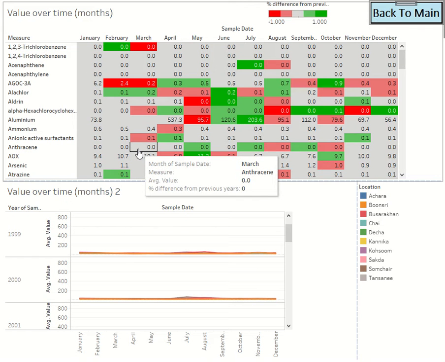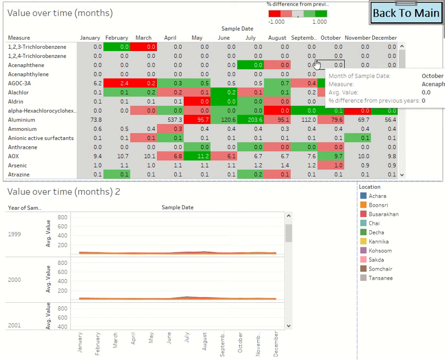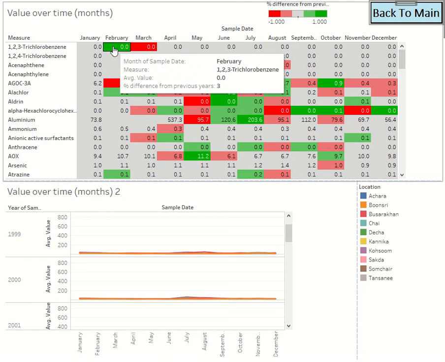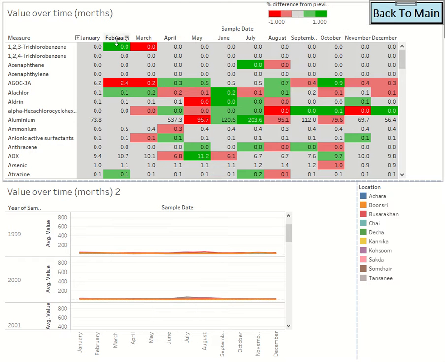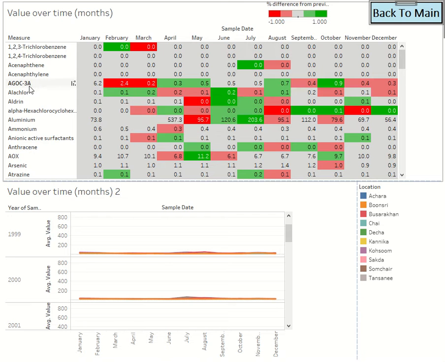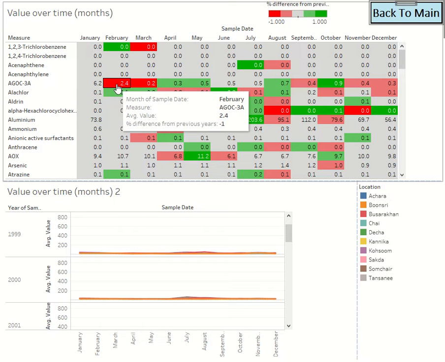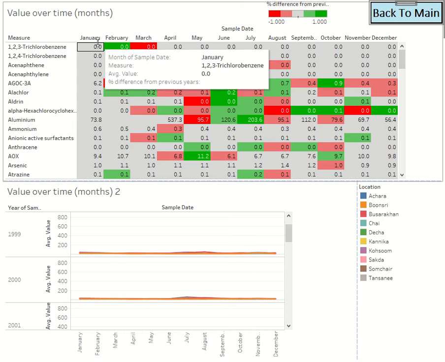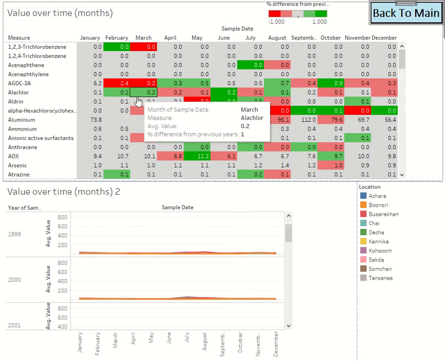Oh, sorry, let me correct myself. It's the percentage change from the month before. So for example, in February, for AGOC-3A, there's a sharp decrease compared to the average value across all Januaries.